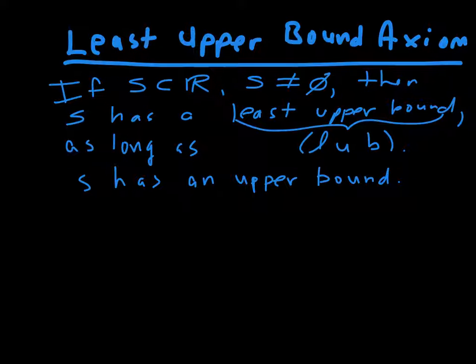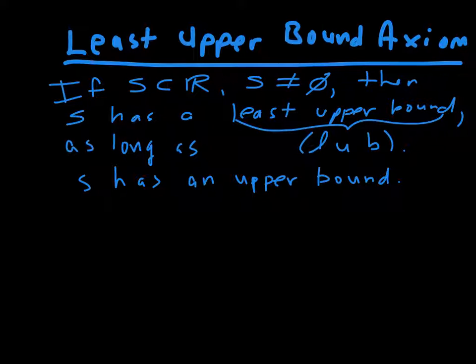Now that doesn't mean every set has a least upper bound, obviously, because some sets don't have upper bounds. The set of real numbers itself doesn't have an upper bound, so it doesn't have a least upper bound. But whenever you have a subset of the reals that has an upper bound, there is a least upper bound that's going to satisfy the definition on that previous page.